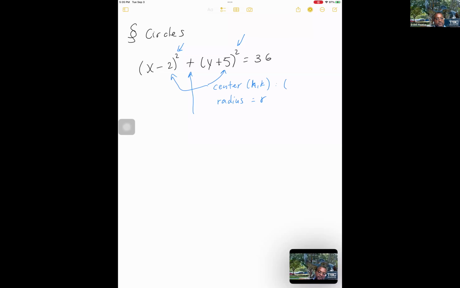Your center is going to be the opposite of those values, so that's going to be (2, -5). And your radius came from the value on the other side. The radius is the square root of that value. I chose 36 because 36 is a nice round number. I can take the square root of that, but it didn't matter. If the number right here was 10, then the radius would be the square root of 10.